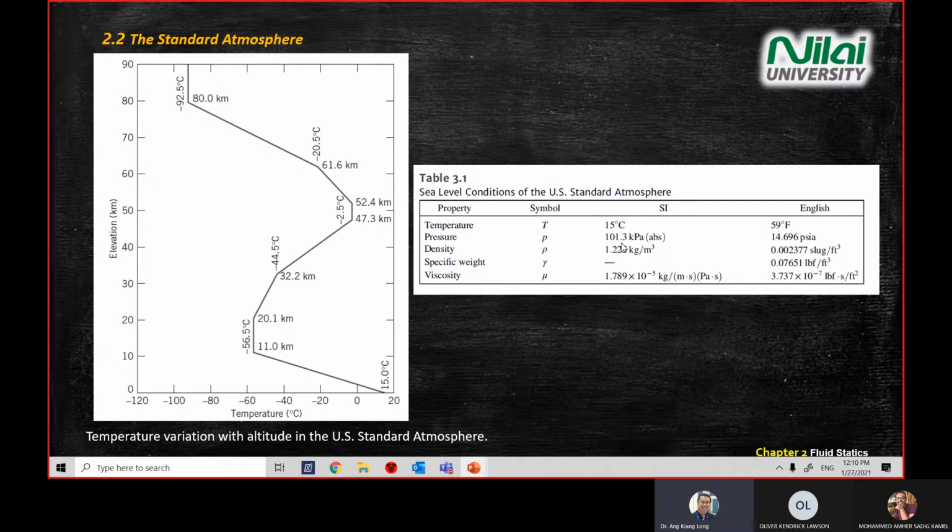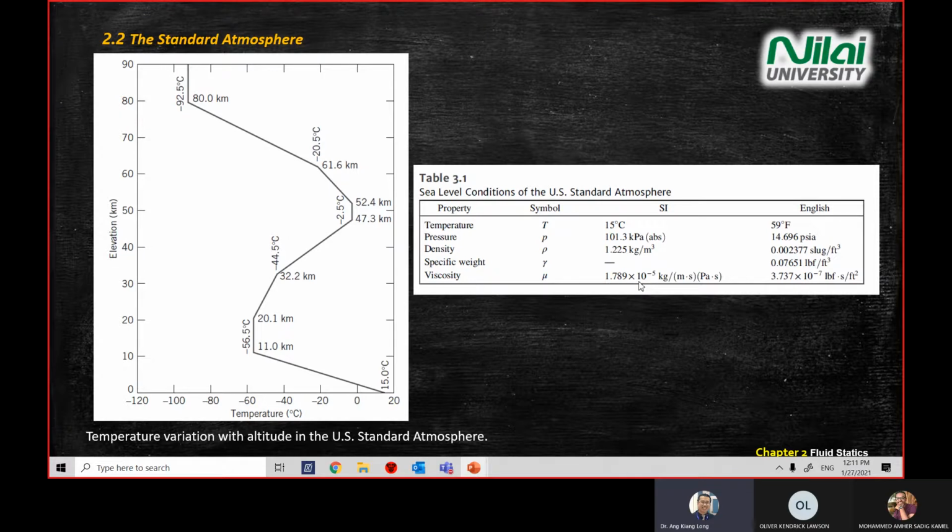Pressure is 101.3 kPa. These two magic numbers you should always remember as long as you are doing introduction to fluid dynamics or mechanics. The density of air will be 1.225 kilograms per meter cubed.